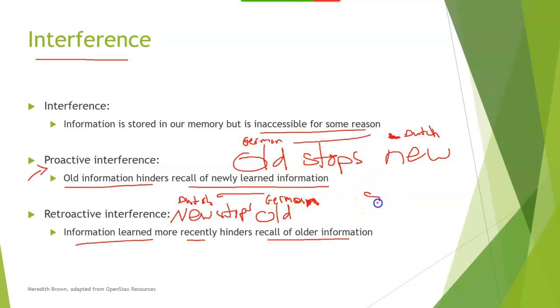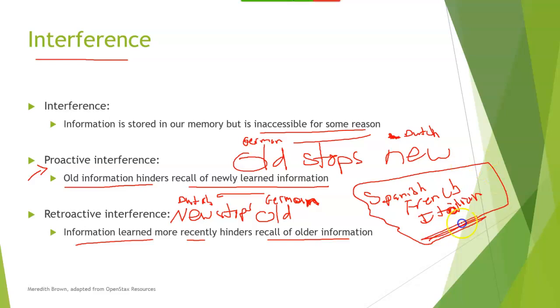But Spanish and French, the Romance languages, and French and Italian, these are all very similar. My friend Juliette speaks all three. French is her native language.